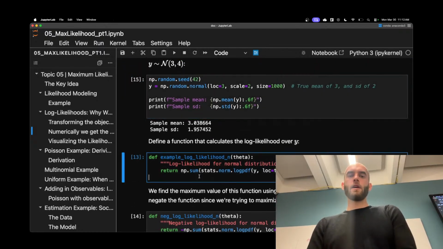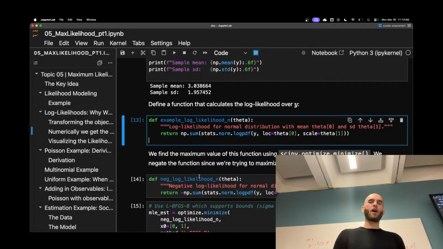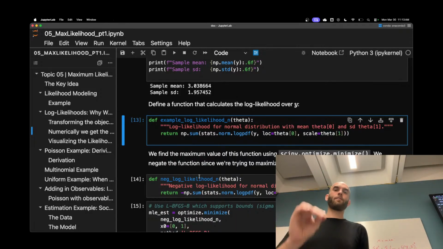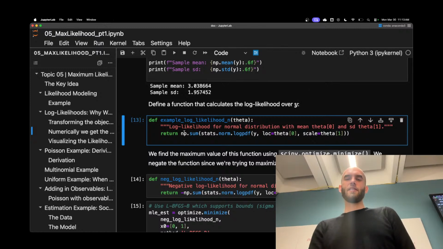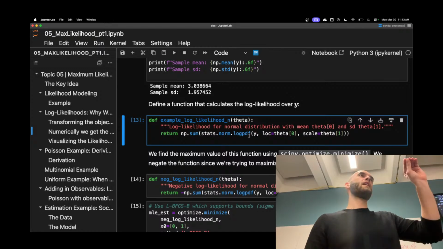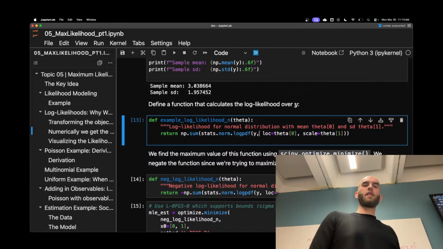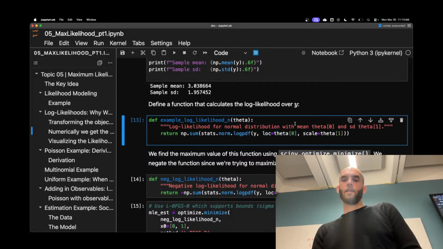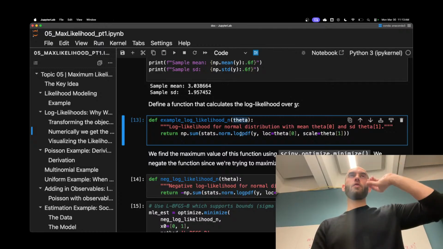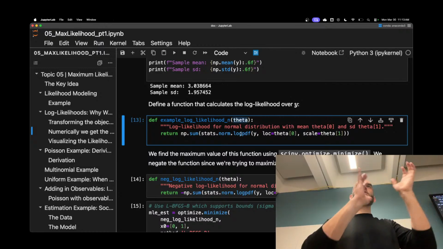Okay. So the next thing we're going to do is define a function that calculates the log likelihood. All this is doing is going through and constructing a log PDF. So I'm plugging each one of my y values into a log PDF, centering this on some theta. This is one of the inputs into the model, essentially like my betas.